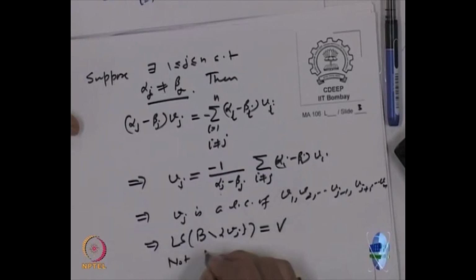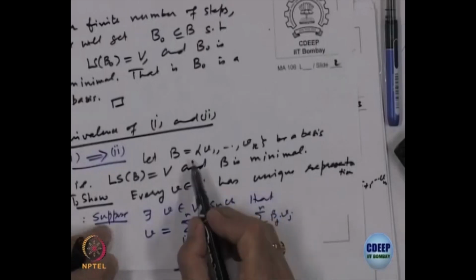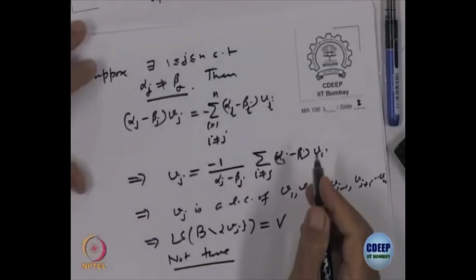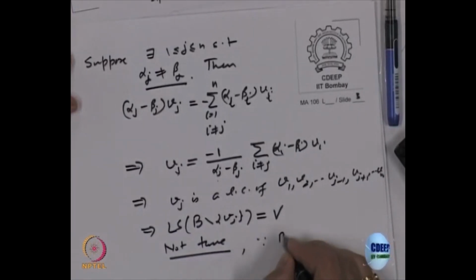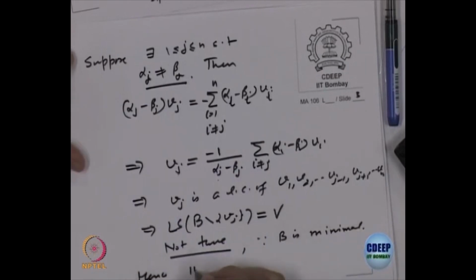What is the contradiction? Because what was given to us was 1, B is a minimal set, I cannot remove anything from it. So, not true, because B is minimal. So, hence 2 holds.